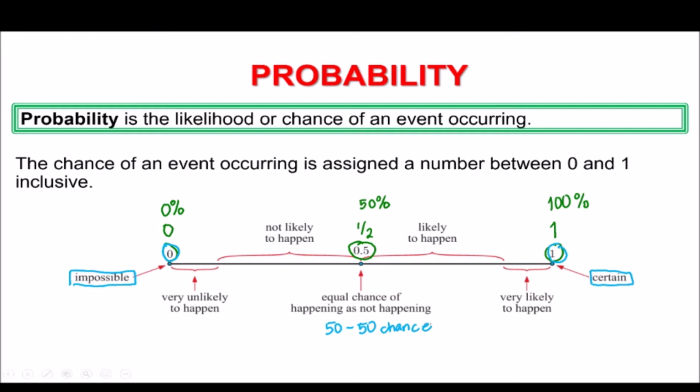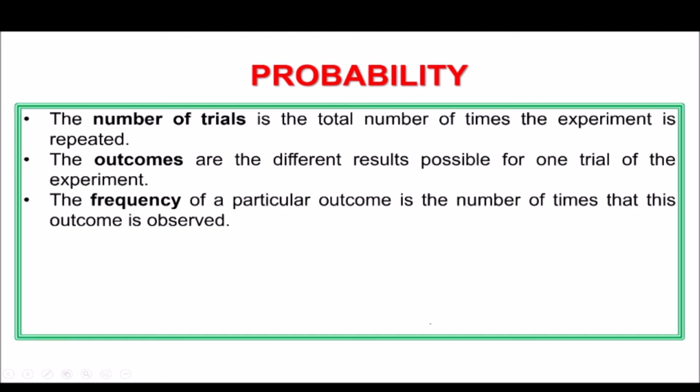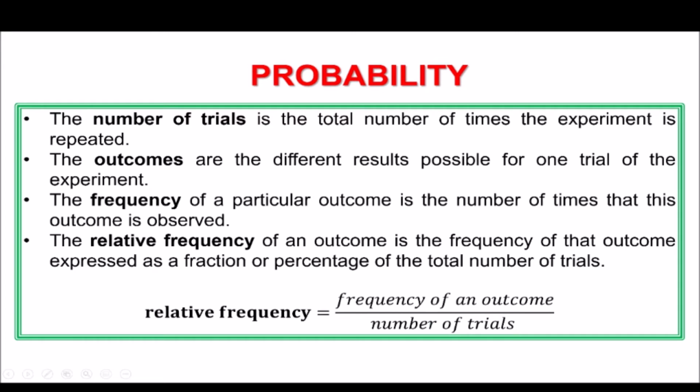Now, to guide you in learning probabilities, let us discuss some key terms. The number of trials is the total number of times the experiment is repeated. So, how many times you did the experiment. The outcomes are different results possible for one trial of the experiment.